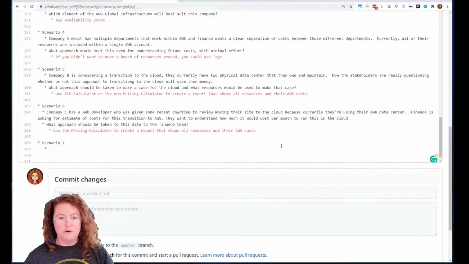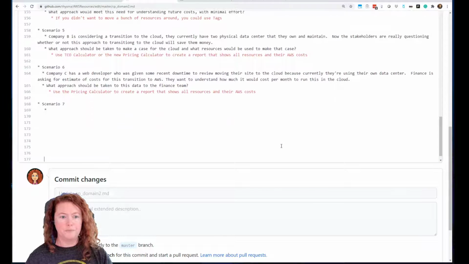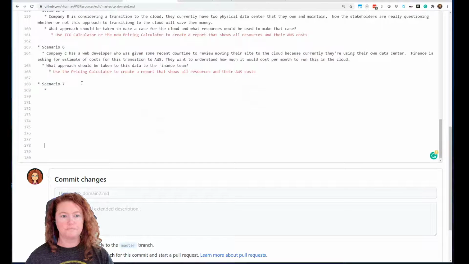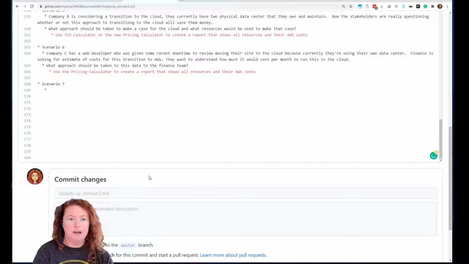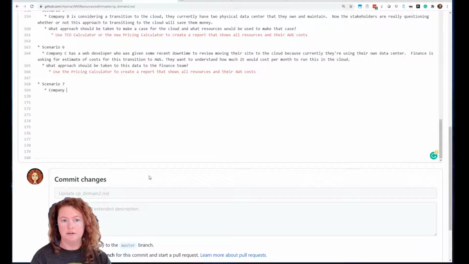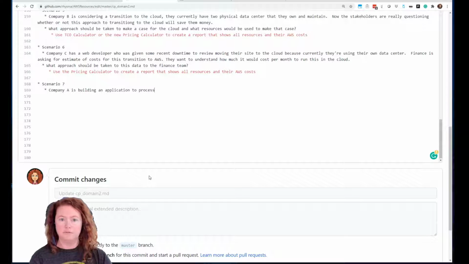For our scenario, we have Company A, which is building an application to process credit cards. They will be processing cards directly and not through a service.